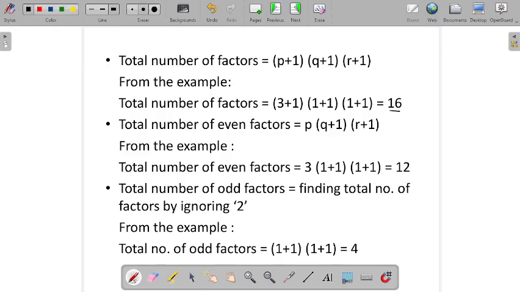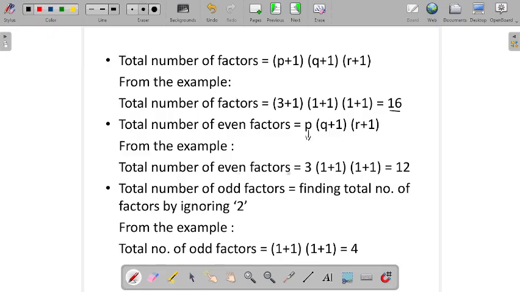Next, to find total number of even factors, here we should not add 1 to the value of even power. I mean here, since I have taken this p as the power of 2, I am not adding 1 to this value of p.